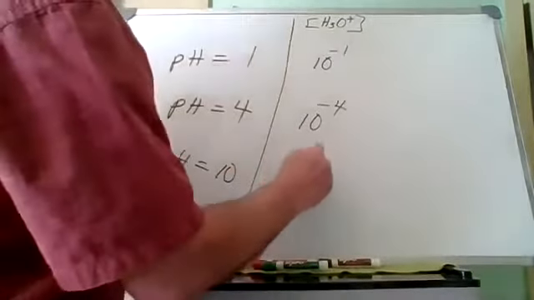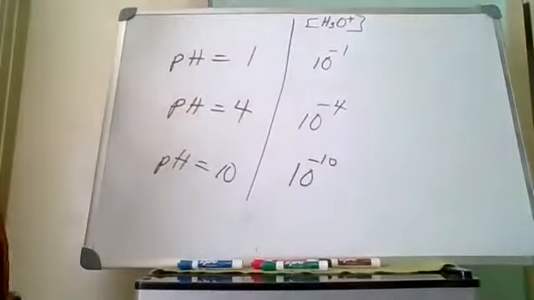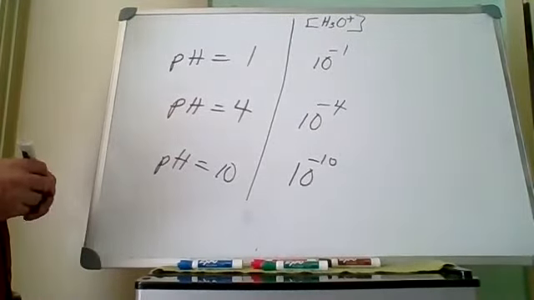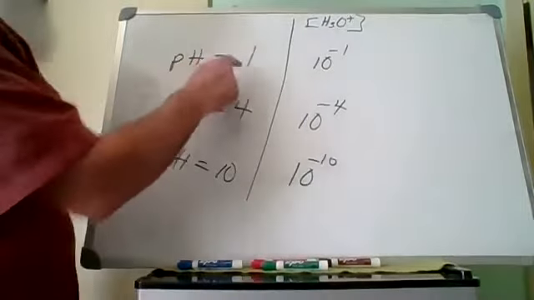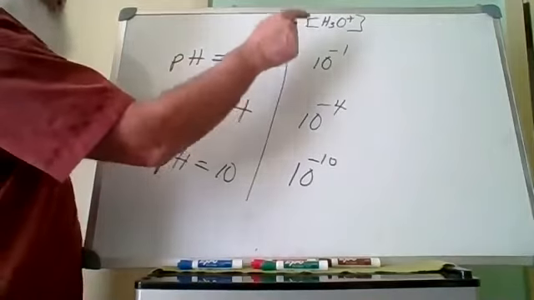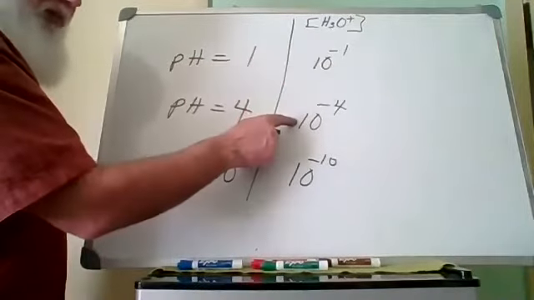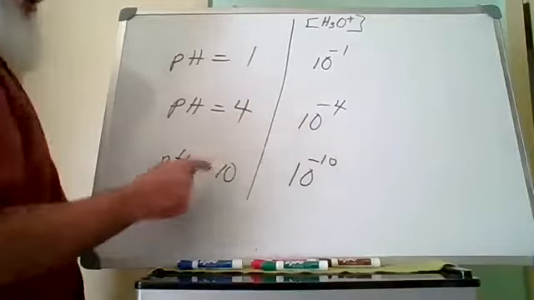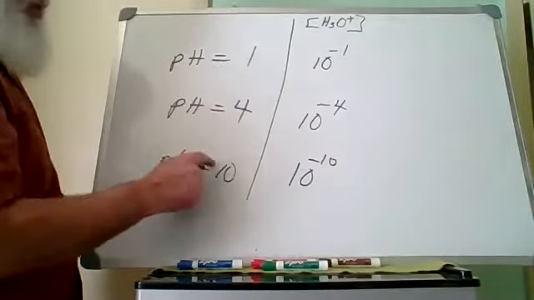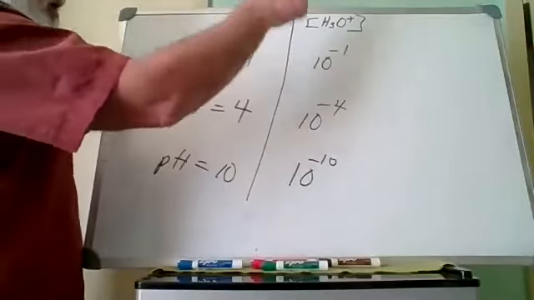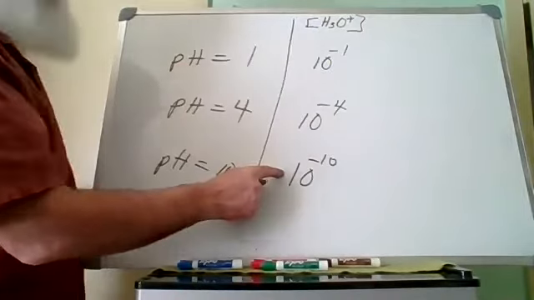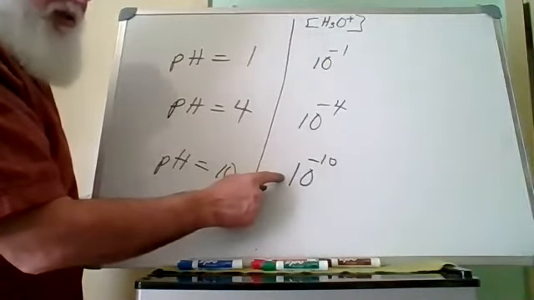This is going to be 10 to the negative 10th. Right? So what we see here is that a difference of 3 units of pH means this guy is 1,000 times more acidic than this guy is. Here we have 9 different units of pH. The difference in hydronium ion concentration, this one is 9 powers of ten more acidic than this, 1 billion times more acidic.